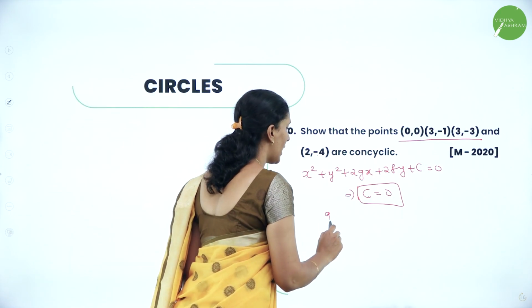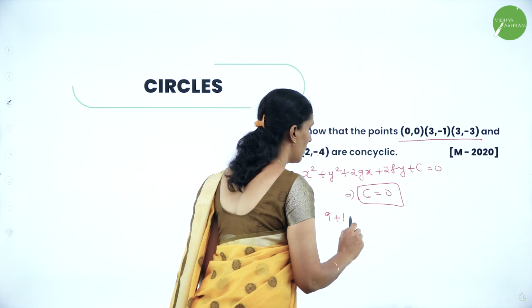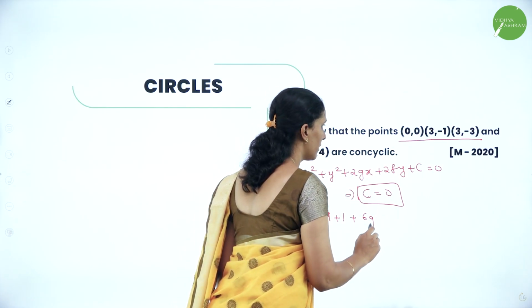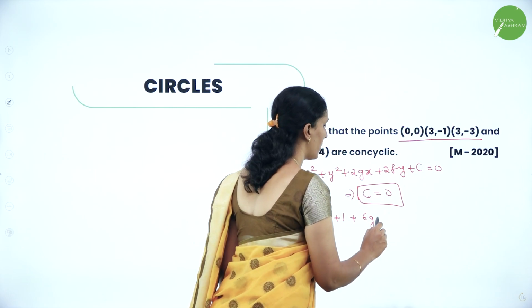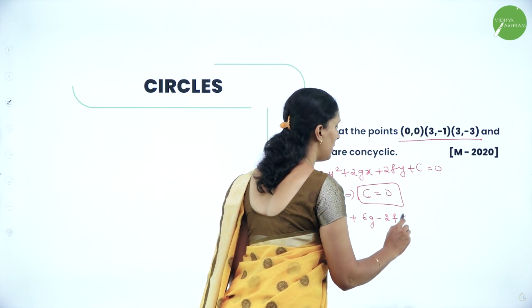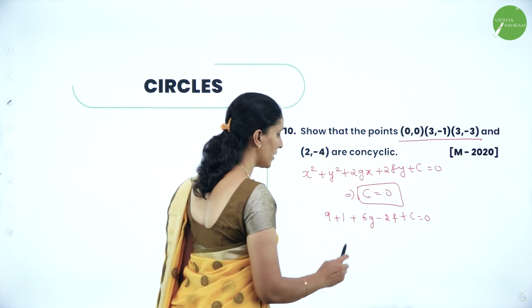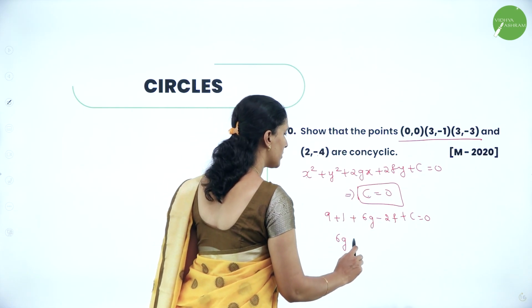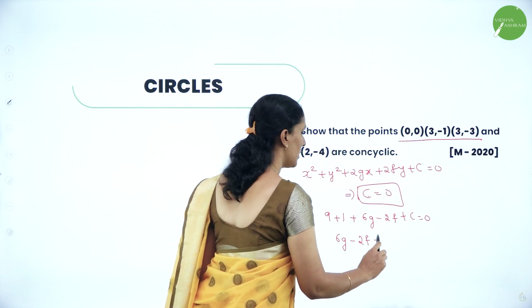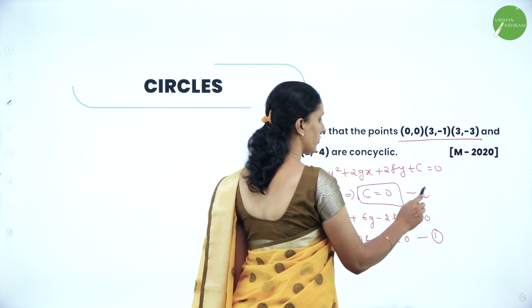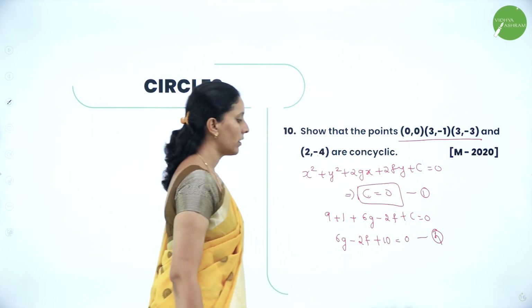So we will get 9 plus 1 plus 2 3s are 6g, 2 into minus 1, minus 2f plus c is equal to 0. From this, we have got c is equal to 0. So we are left with 6g minus 2f plus 10 is equal to 0. Let's take this as equation 1 and this as equation 2.